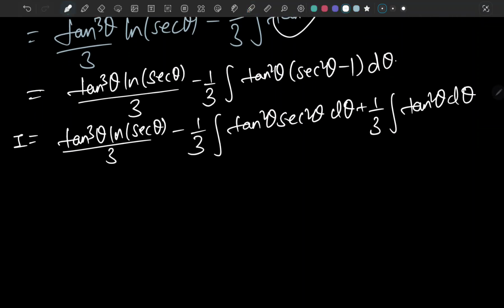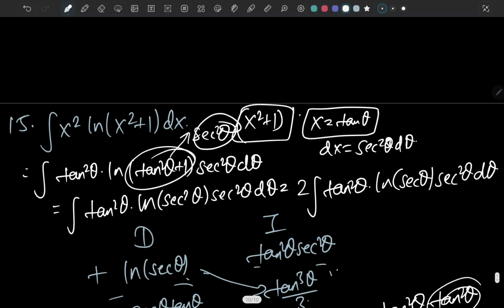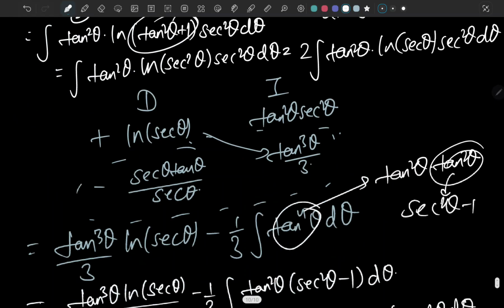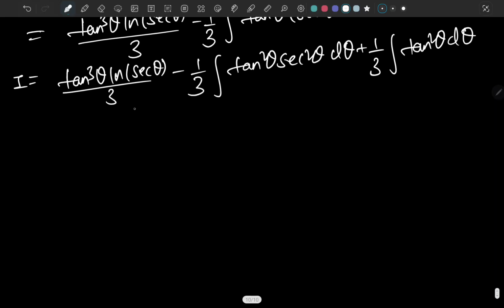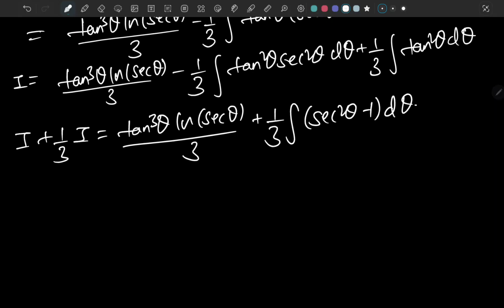Well, this is I, right? Let's say that this integral was our I. Okay, so I plus 1 over 3 I becomes tangent cube theta ln of secant theta over 3 plus 1 over 3 times the integral of secant square theta minus 1 d theta.